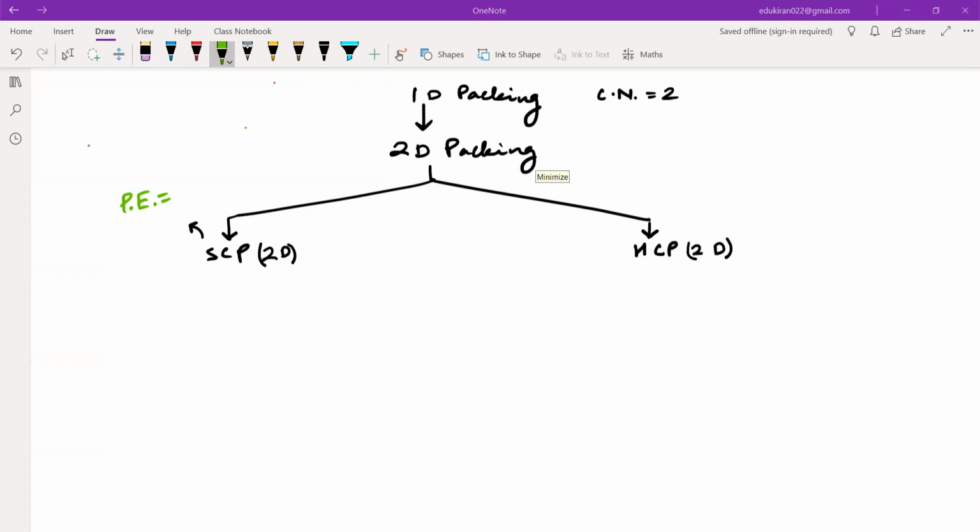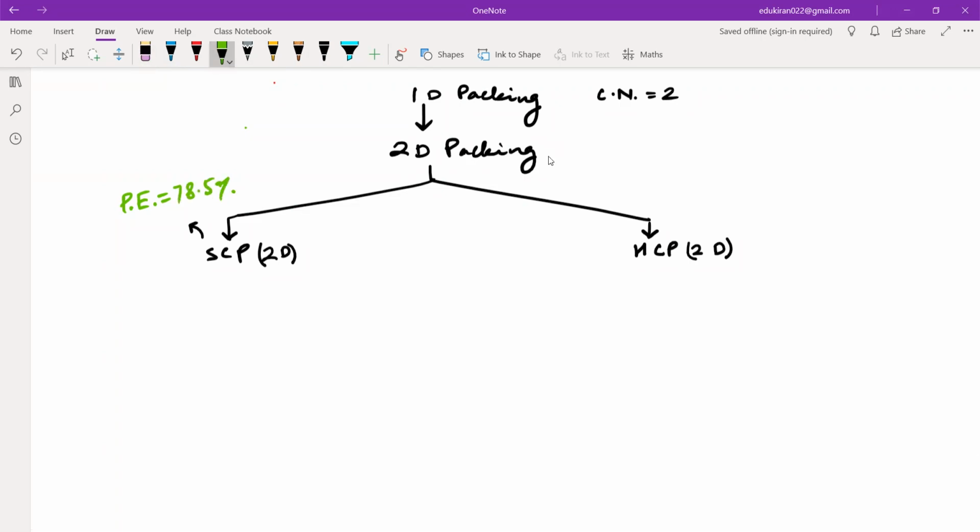Don't you remember, Khalid? Yes, Maimuna, correct. Somewhat correct, I would say. Khalid, are you there? Okay, it seems Khalid got disconnected. Yes, sir, I am here. I'm asking what is the packing efficiency of square close packing? Yeah, it's 78.5%.